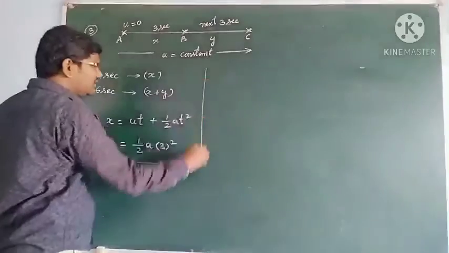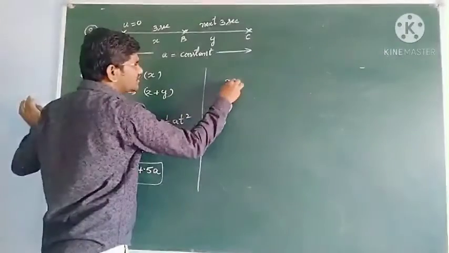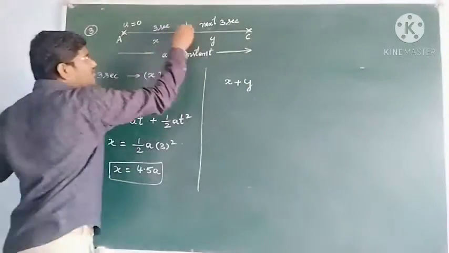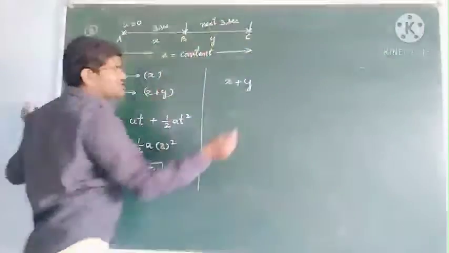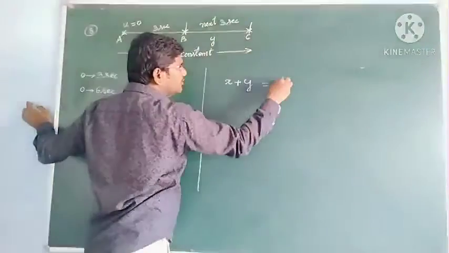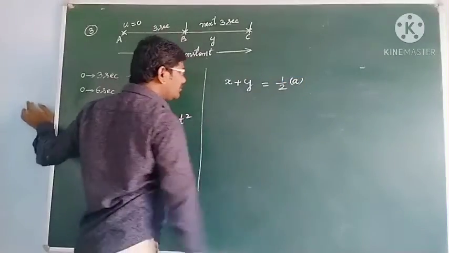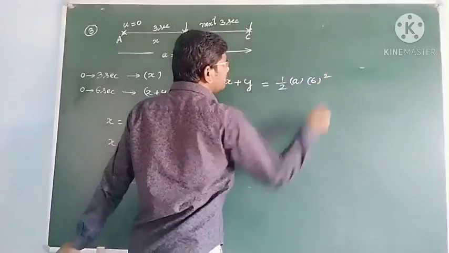And similarly, x plus y is the distance traveled starting from rest. Here to here is the next 3 seconds, but from the start to here is totally 6 seconds. So x plus y is equal to half a into t square, which means 6 square. Then what will you get?